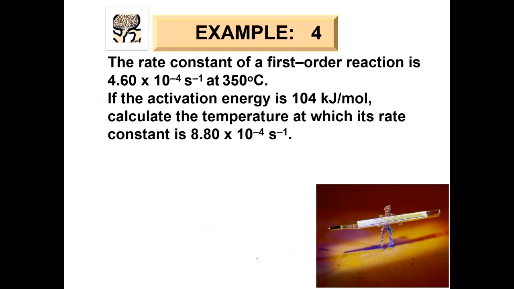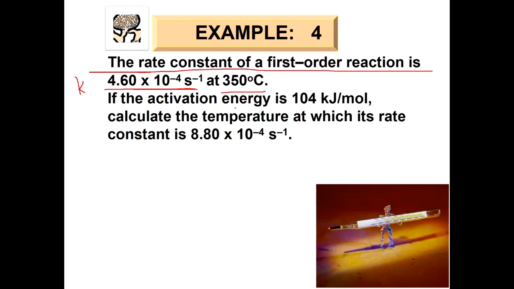Okay, now we look at example 4. Last example in this chapter basically, and also this subtopic. Let's say we have the rate constant of a first order reaction is 4.6 times 10 to the power -4 s^-1. This one is your K at 350 degrees Celsius.